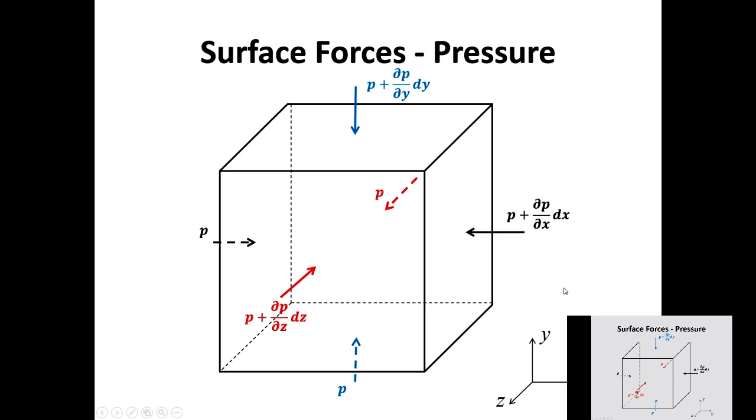So after a length dx, your pressure has changed from P to P plus delta P over delta x times dx. Okay, so that is the same for all three directions.